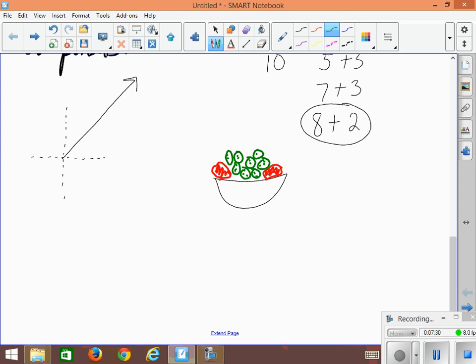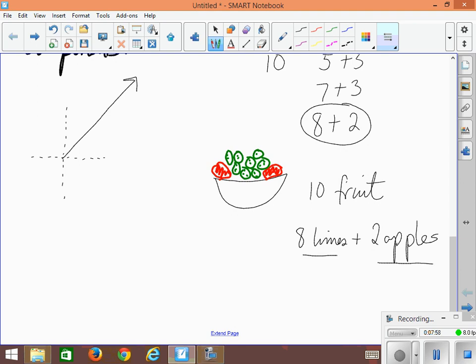I picked limes because green was handy. We could express the number of fruit in the bowl by saying there are 10 pieces of fruit in the bowl. Or we could express this as 8 limes plus 2 apples. And this way we get a little more information about the fruit. So breaking it up into these sums gives us more information. So it's kind of a useful thing to do sometimes.